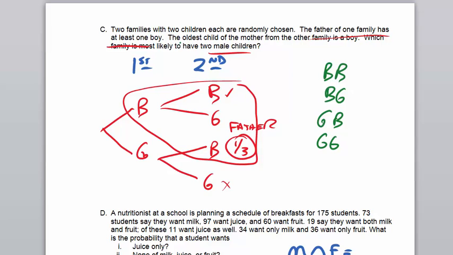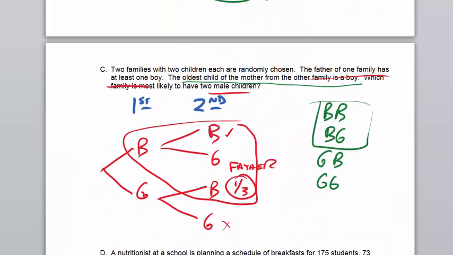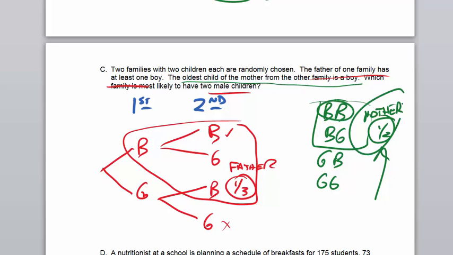What I know is the oldest of the mother is a boy, which is only those two. So the mother is one of those, and the two boys is just that one condition. So the mother's probability is 1/2. The father's probability is 1/3. Who is more likely? The mother is more likely.